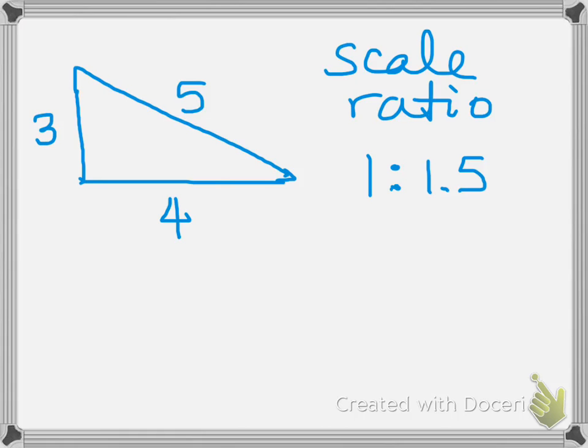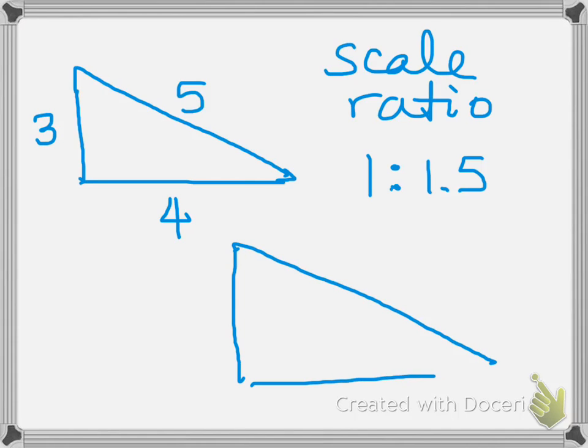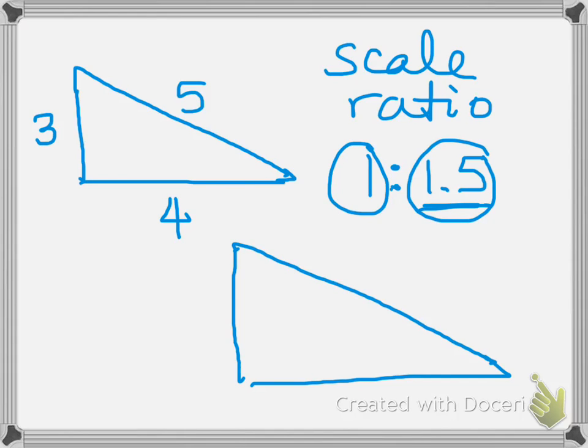Okay, so now what I need to do is draw a triangle that has a scale ratio of 1 to 1.5, so it's going to have the same shape, but my corresponding sides are going to be 1.5 times the original triangle.